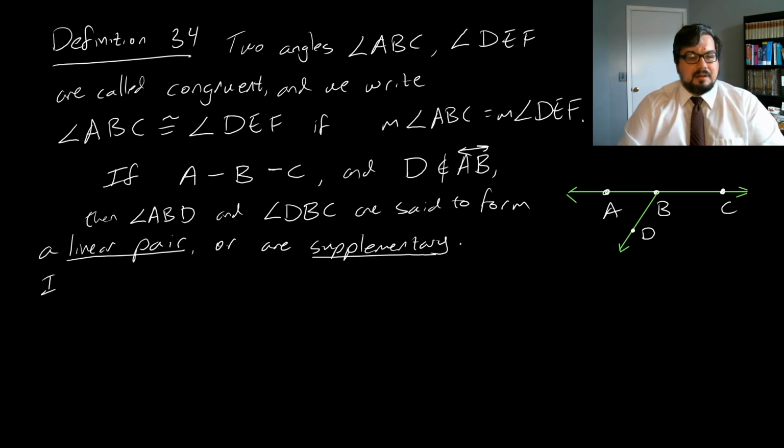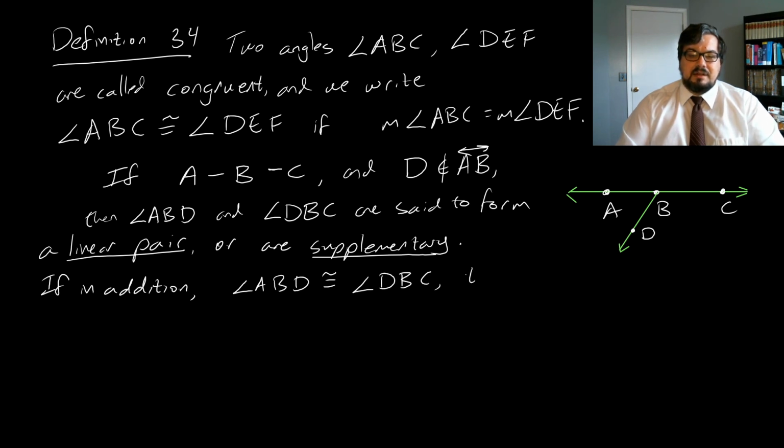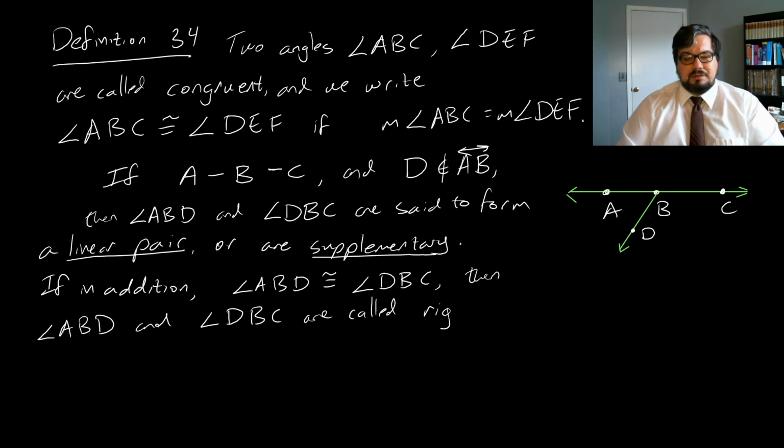If, in addition, we have that angle ABD is congruent to angle DBC, then angle ABD and angle DBC are called right angles.